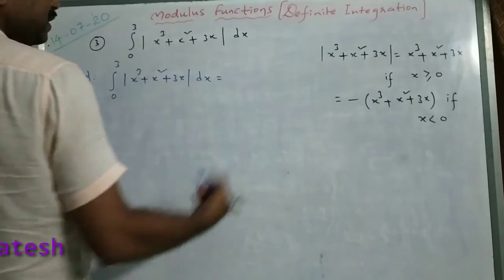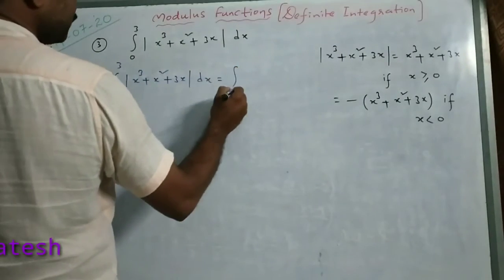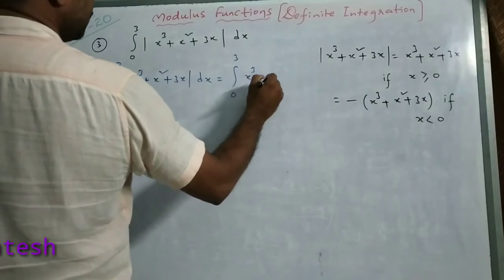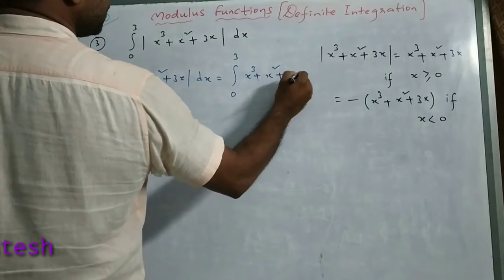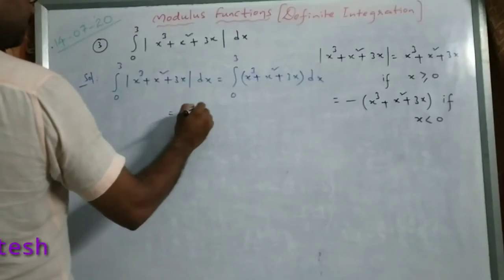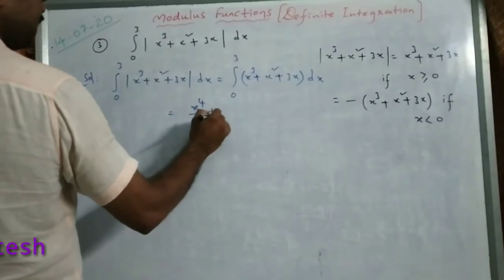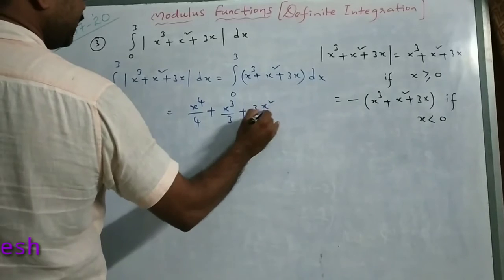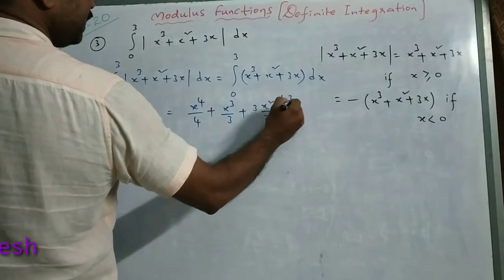Above 0 means positive or negative? So positive. So directly you can write x cube plus x square plus 3x dx, positive. So I will take x power 4 by 4 plus x cube by 3 plus 3x square by 2. What are the limits? 3 and 0.